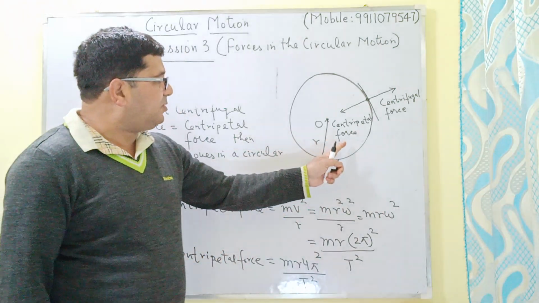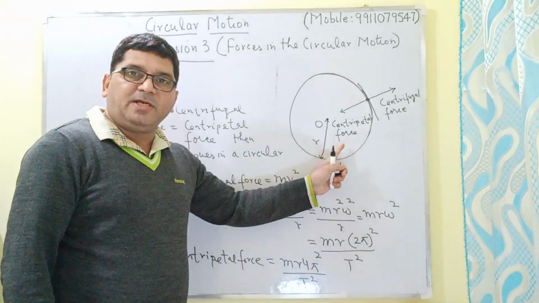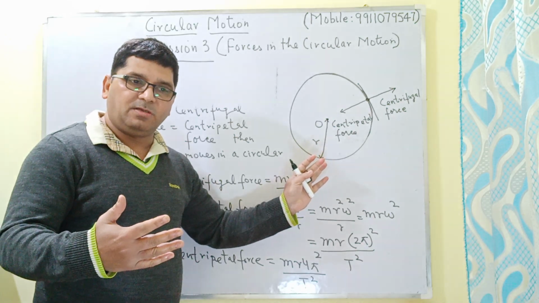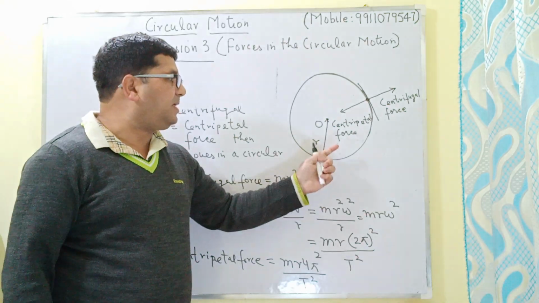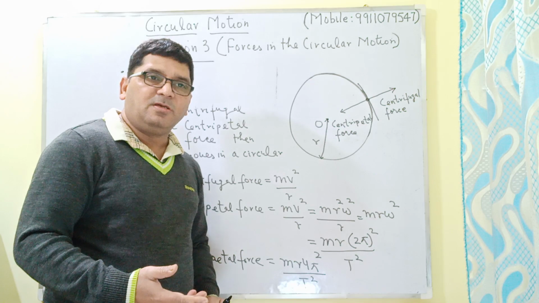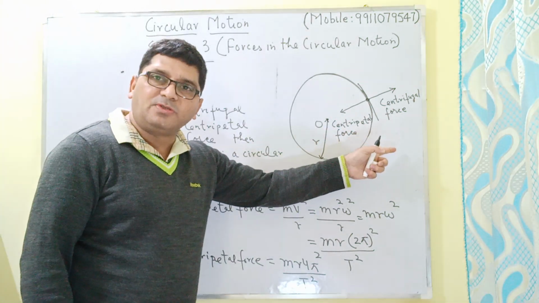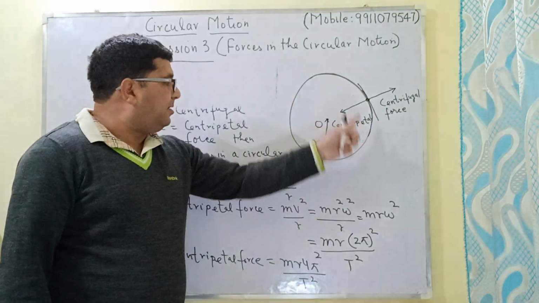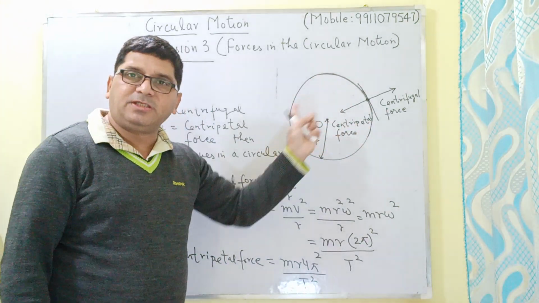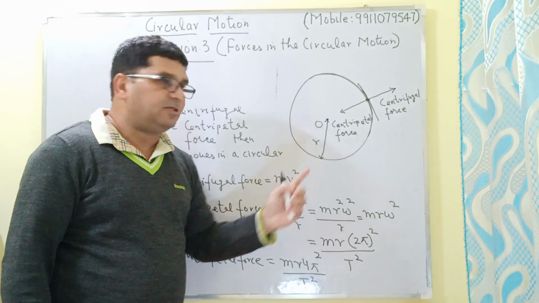So centripetal force can be provided in different ways. It depends on the type of the motion, and this has to be equal to the centrifugal force if this object is to move in a circular path.